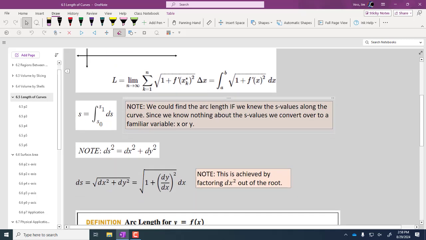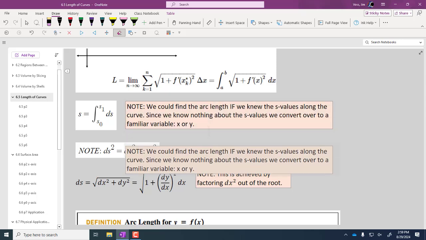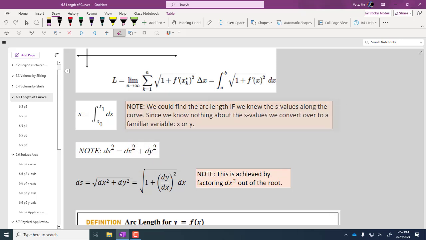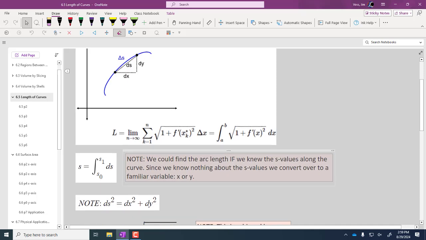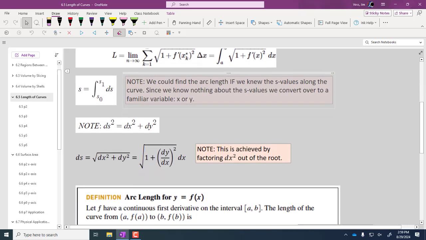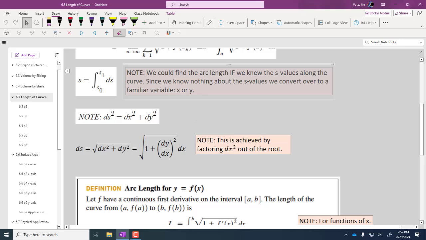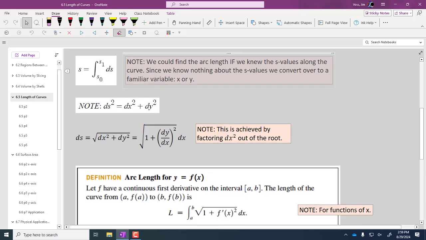So what we have to do in order to evaluate this integral is replace the ds with something we know. We know x's and y's. We see that right triangle up here. That right triangle, we go to the Pythagorean theorem, solve it for ds, and what we want to do at this stage, a little bit of arithmetic or algebra, that's not going to help us if it's inside an integral.